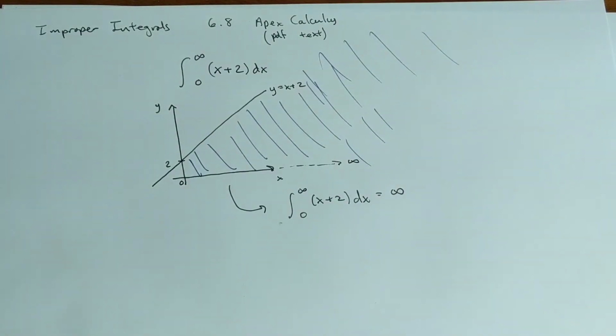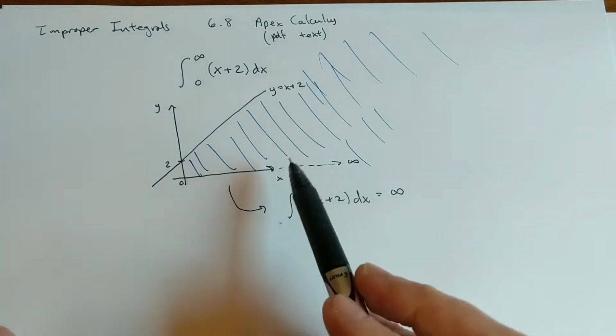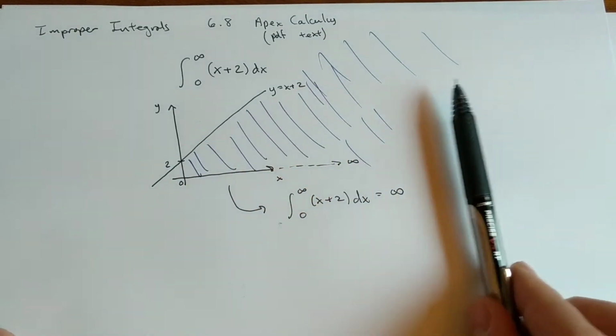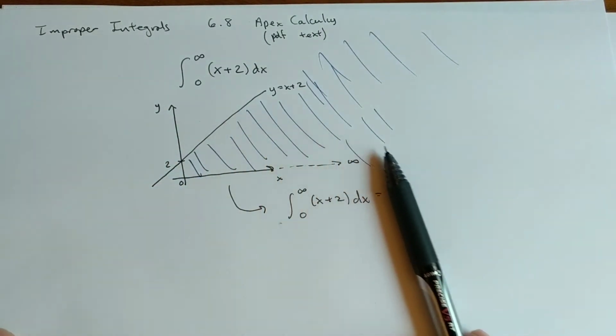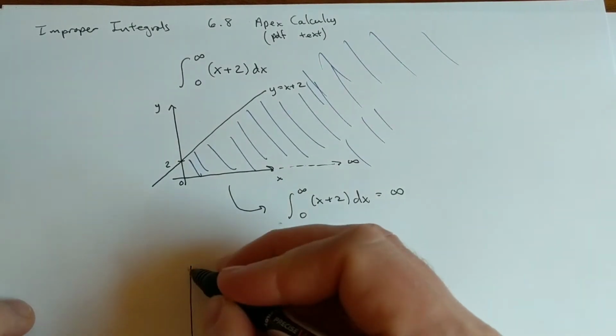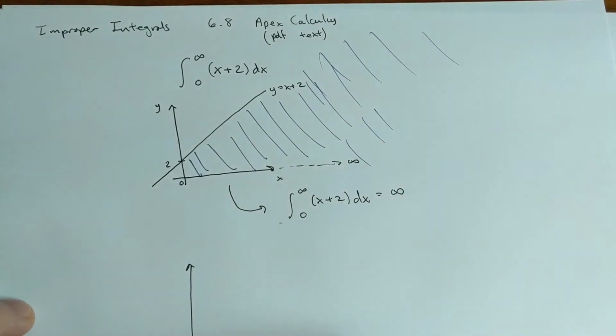So how would it work if a function was such that I take an integral from some finite value to infinity, but the area under the curve is somehow not infinite? So what would that look like? Well, one thing that would have to happen is that the height cannot continue to increase, right? At some point, the height's going to have to drop down. So let's sort of think about what that might look like.